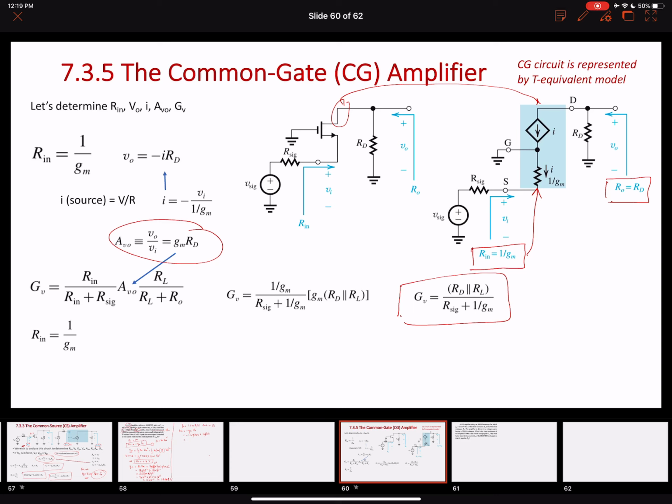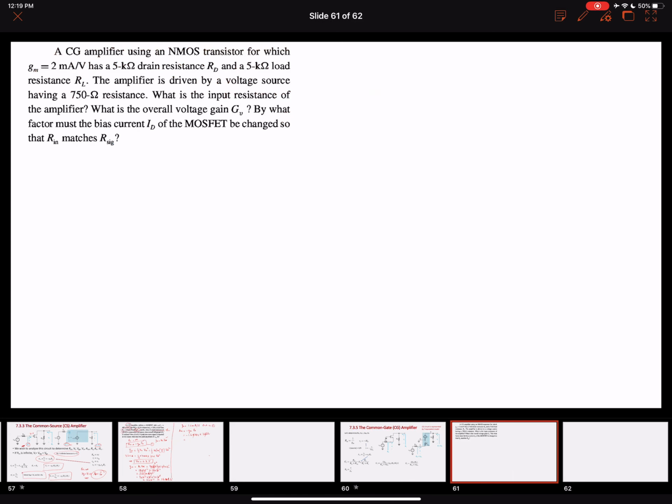Okay, so let's find out the values. We now have a common gate amplifier with an NMOS transistor, which has a GM value of 2 milliamperes per volt, a drain resistance, and a load resistance. The amplifier is driven by a voltage source having a 750 ohm resistance.